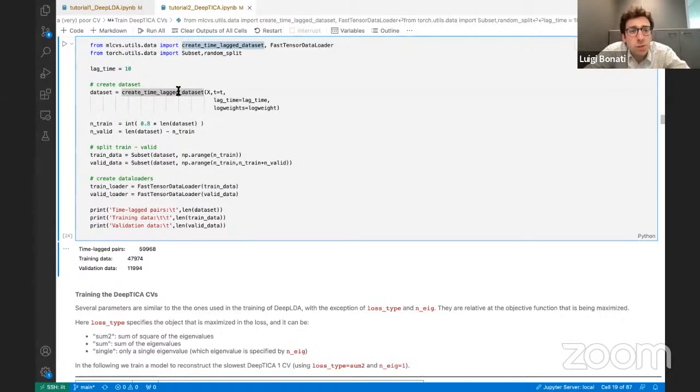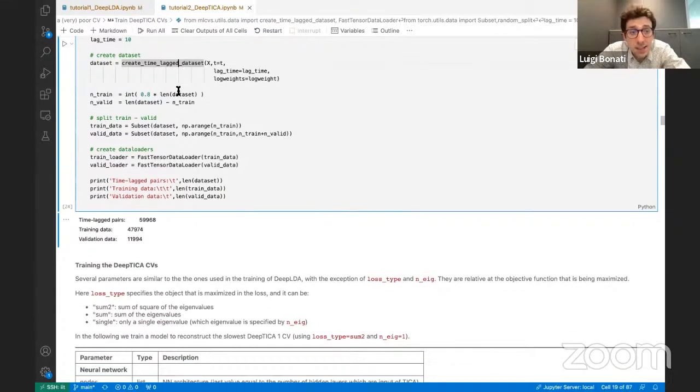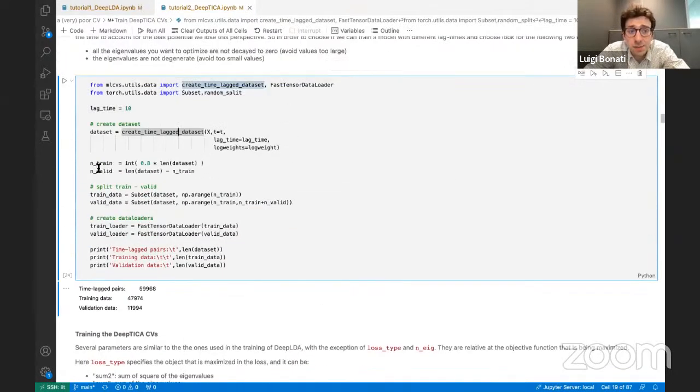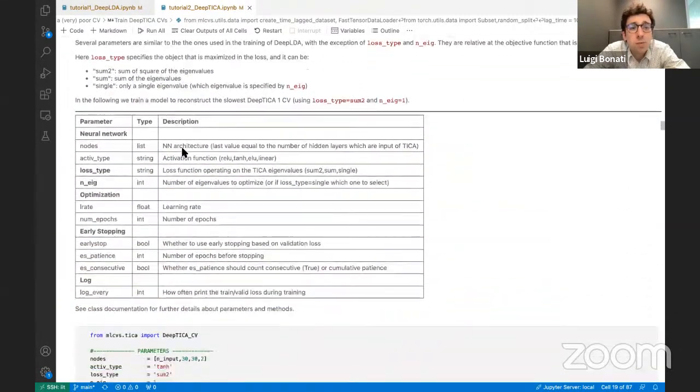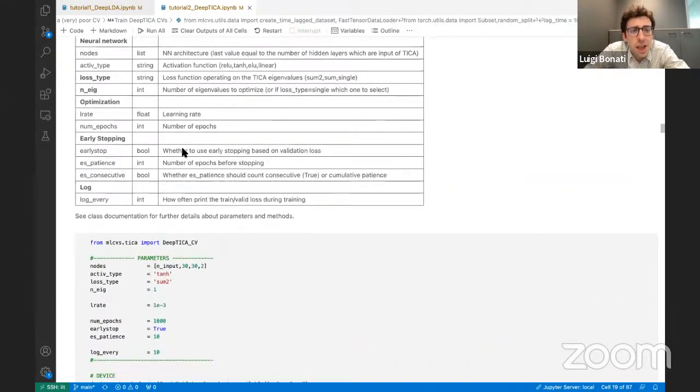And so the search for the time-lagged pairs is numerically way more tricky. Nevertheless, once we have performed such a search and we have our data set, we can train the CV as before.